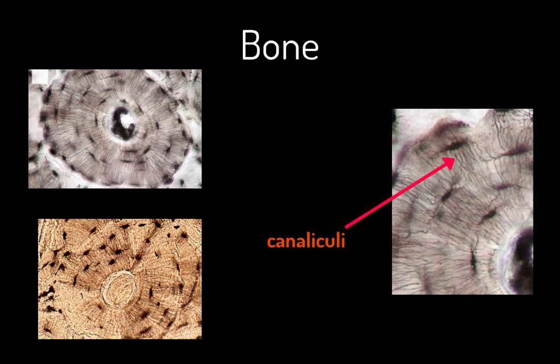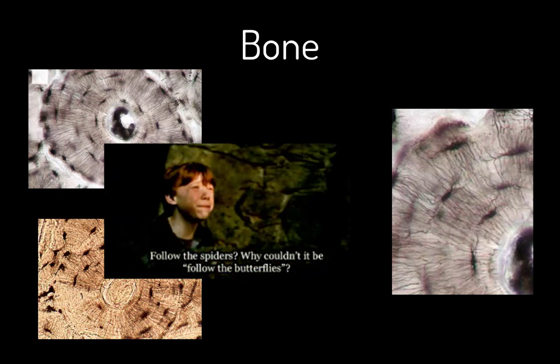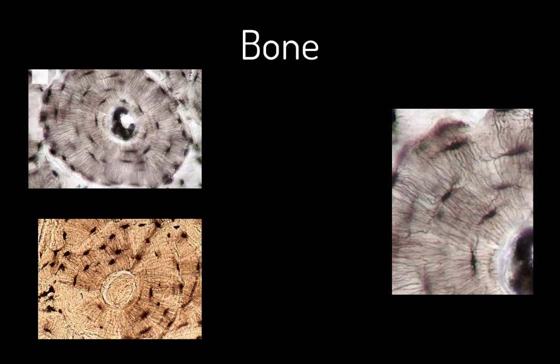Those are canaliculi. Most people are familiar with Harry Potter and the fact that Ron Weasley hates spiders. And so when I think of this structure, I think of it as being something that Ron Weasley would be very afraid of, which would be a merry-go-round that's filled with spiders.